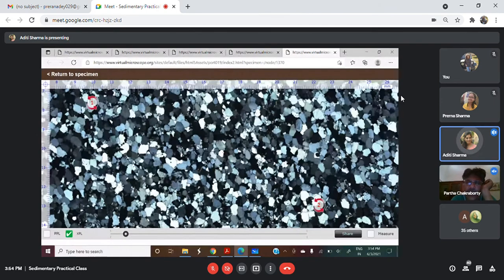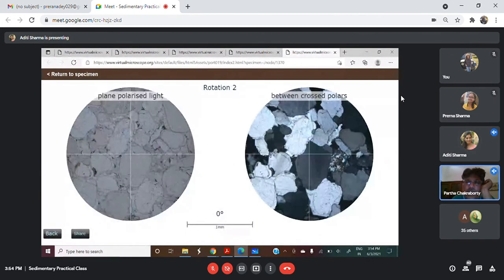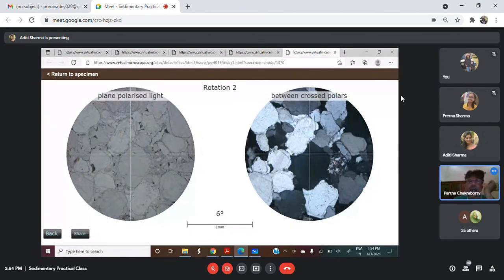There is some feldspar and also quartz overgrowth. So Aditi, the left side is the plane and the right side is the cross. Point the arrow on the dust line.